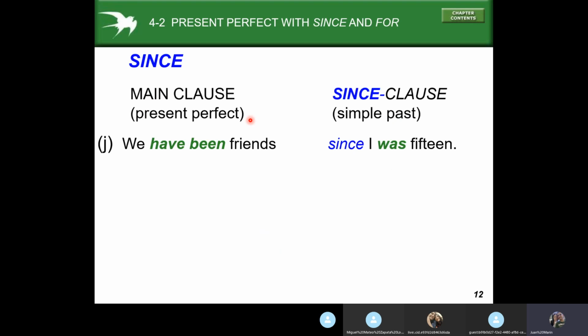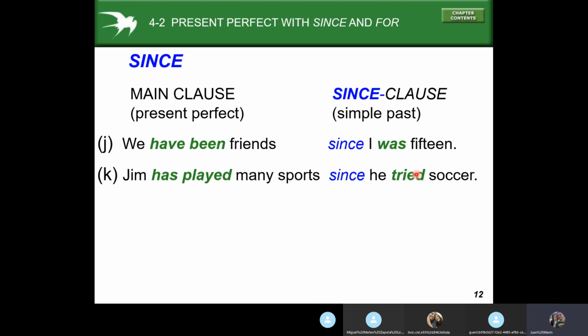So we have the main clause, the part that has the present perfect, and the since clause is the past. This part has an expression in the past. For example, we have been friends since I was 15. In this case, that is possible.